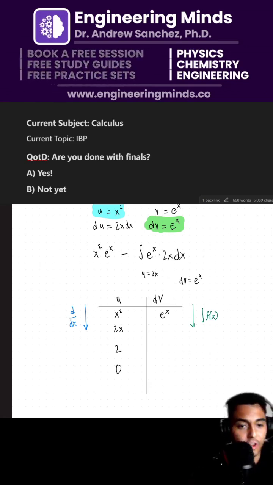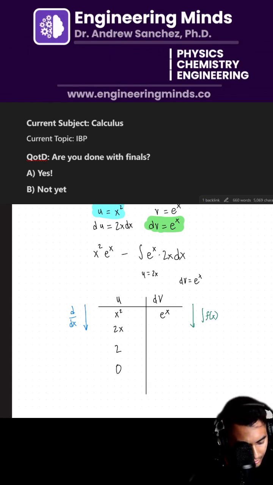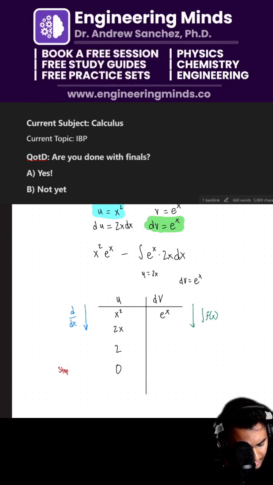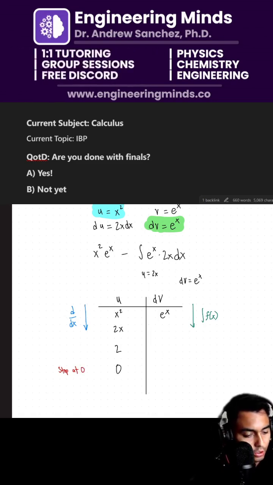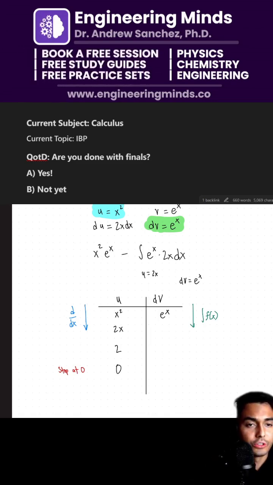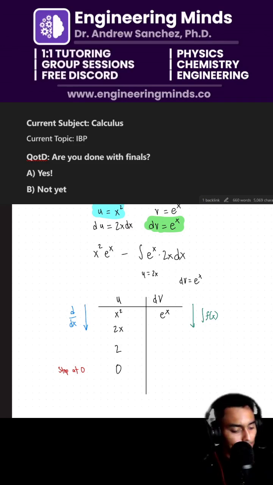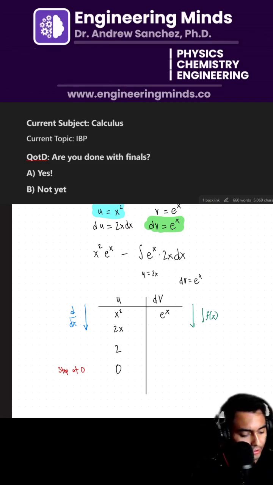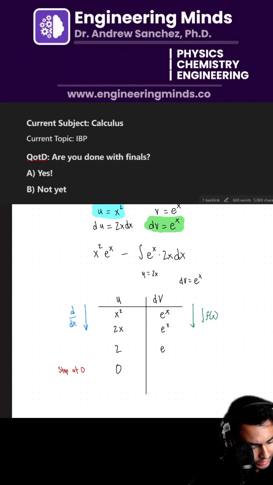So now we stop at 0. On the left hand side you keep going until you get 0 for the derivative. Exactly, there you go, Christelle. Okay, boom, got it. So we get x squared, 2x, 2, 0. On the right hand side we just keep integrating.